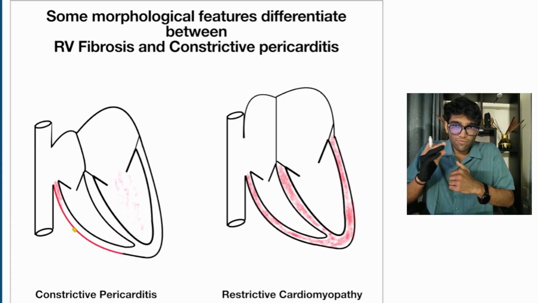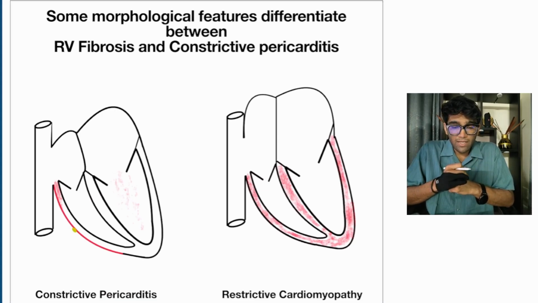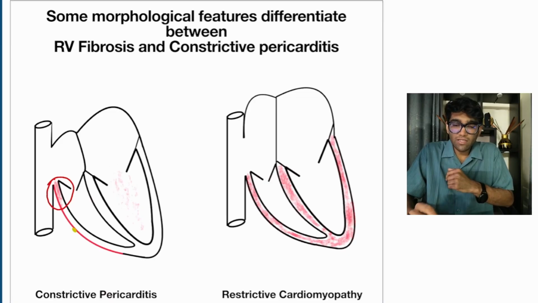The septum is obviously nowhere in contact with the periphery or the outside of the heart. So we typically get pericardial fibrosis in this location, and there is no fibrosis in the septal area.